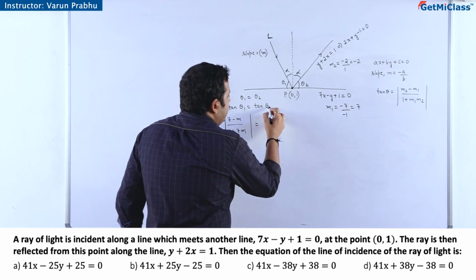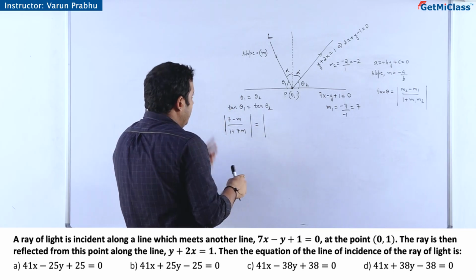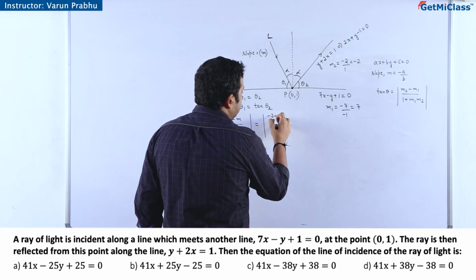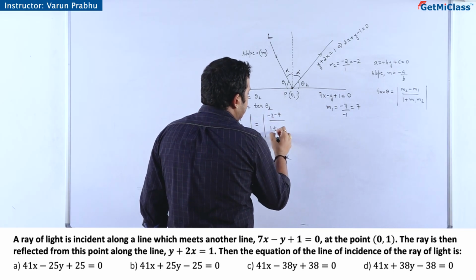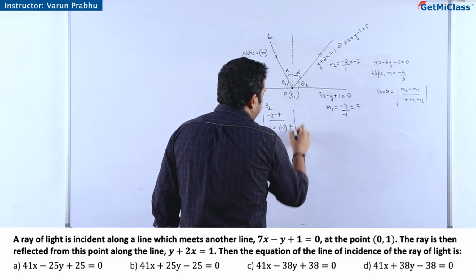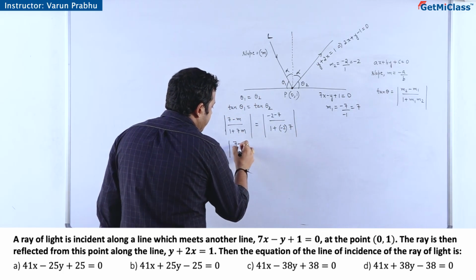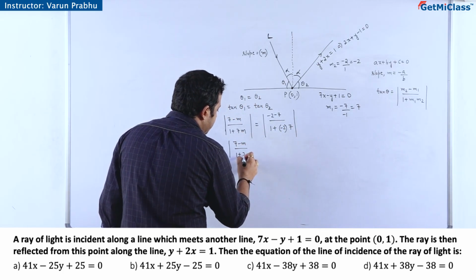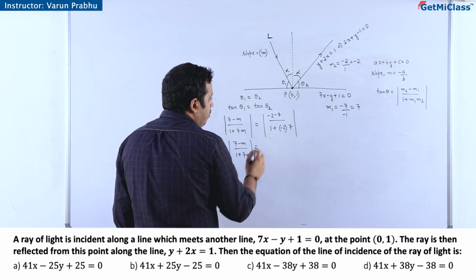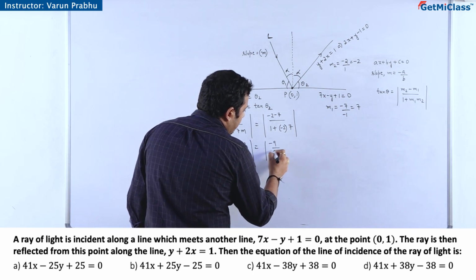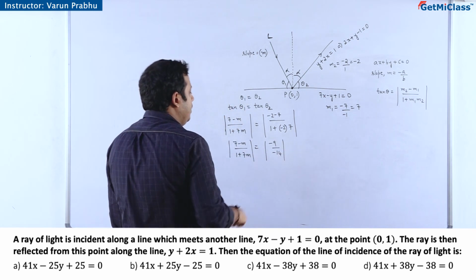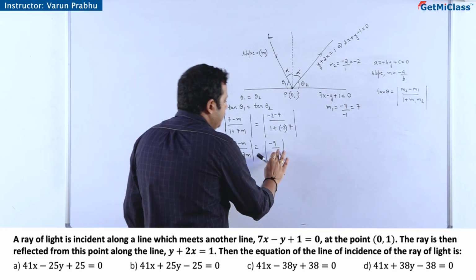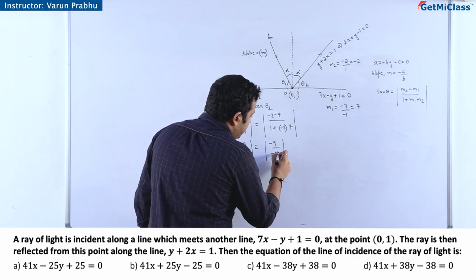This part can be written as minus 2 minus 7 divided by 1 plus minus 2 into 7, correct? So modulus of 7 minus m divided by 1 plus 7m is equal to modulus of minus 9 divided by minus 13, since minus 14 plus 1 is equal to minus 13.